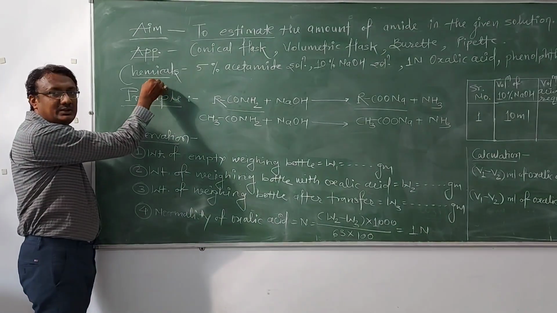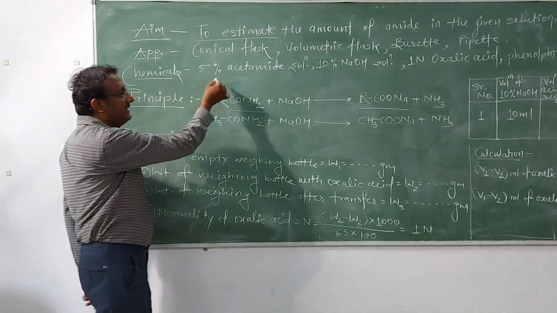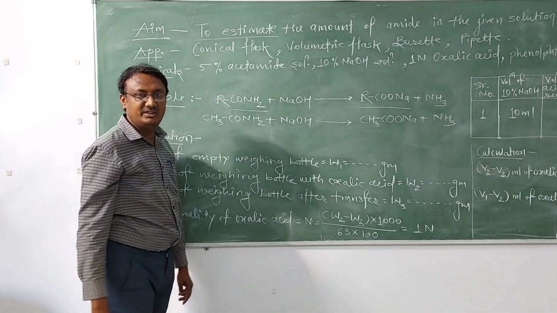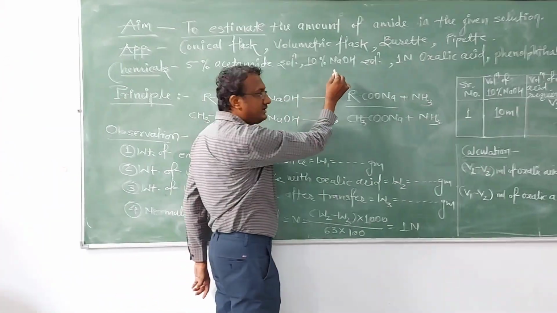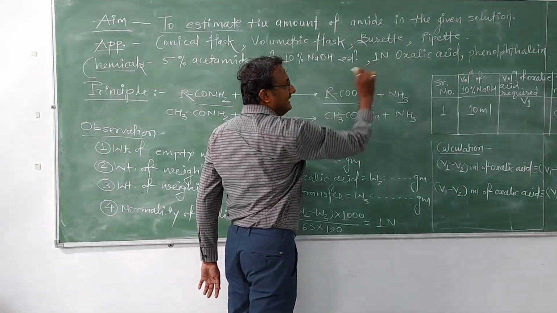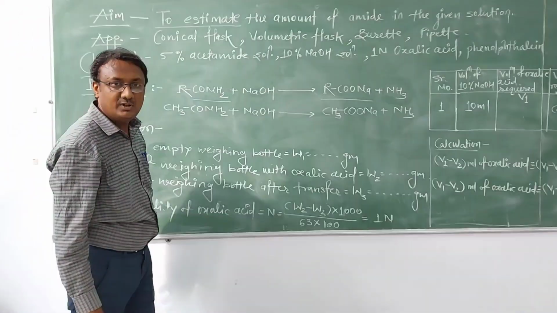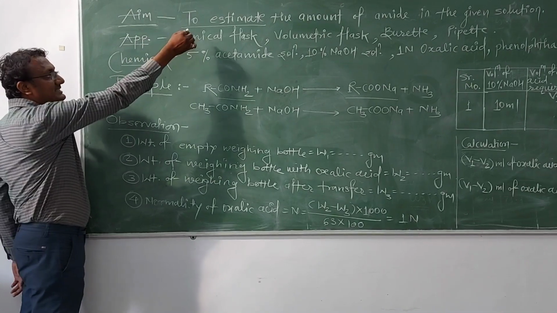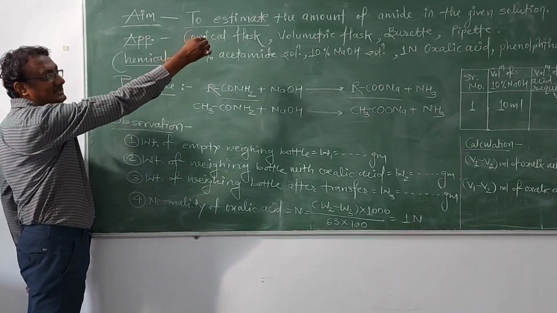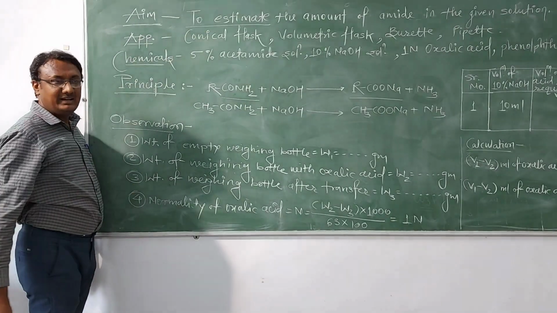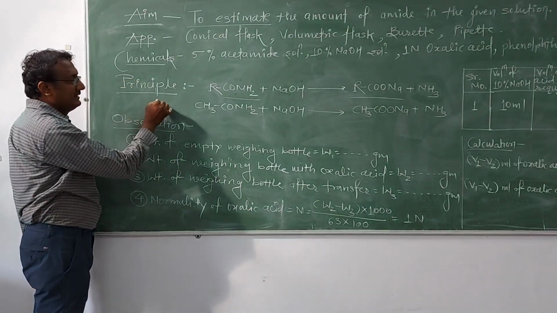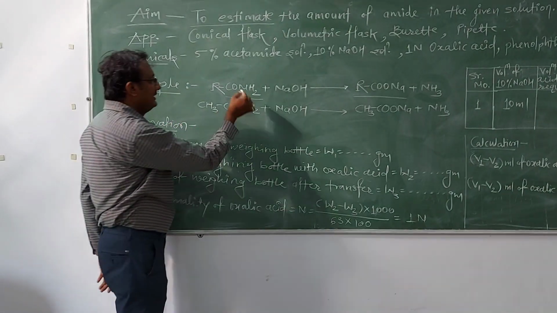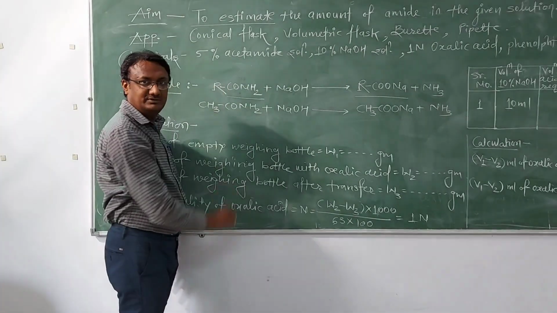The chemicals required for this experiment are 5% acetamide solution, 10% NaOH solution, 1 normal oxalic acid solution, and phenolphthalein as an indicator. This estimation of the amide is based on the hydrolysis of the acetamide compound.